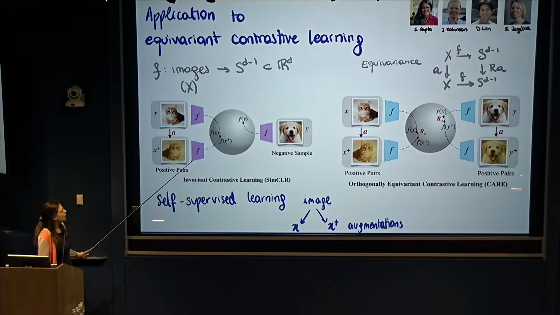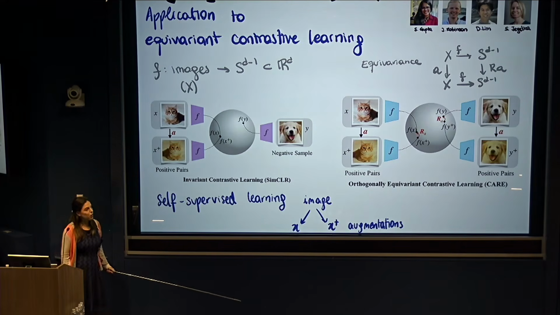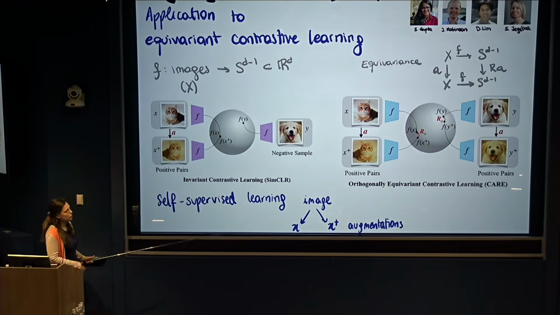If you are familiar with the self-supervised learning framework, what you have is a bunch of images, and you want to represent them in Euclidean space, or maybe on the sphere, so that the intrinsic properties of the images are codified in the metric of the space that you embed them in.